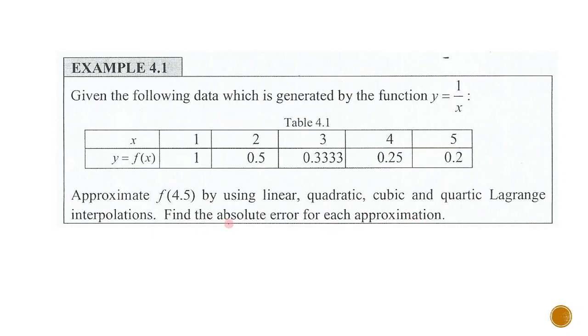So once you get the value, the error is the absolute value of measured minus the real. The real is from here, and the measured is from our calculation.